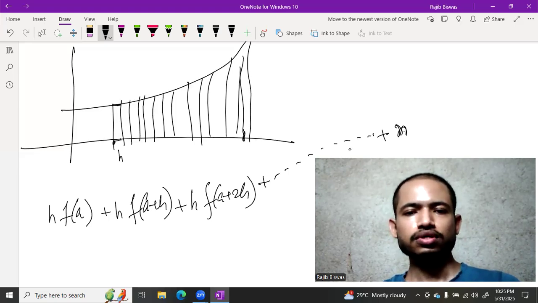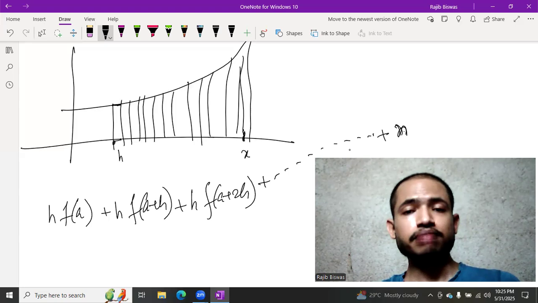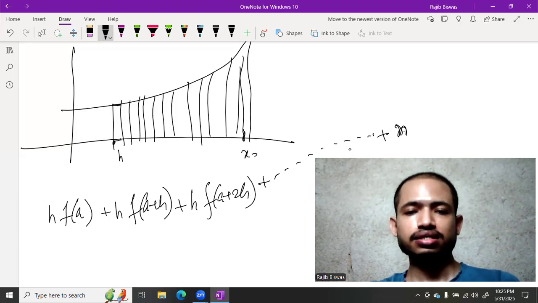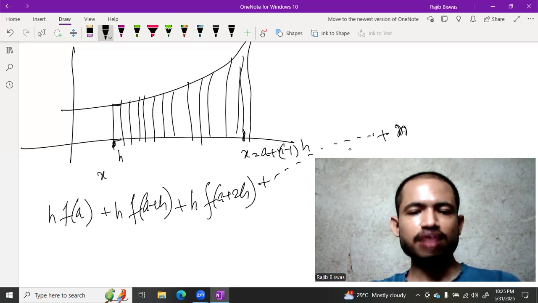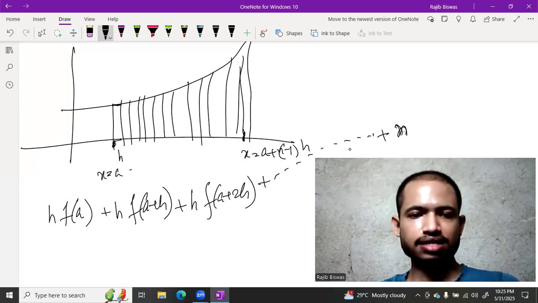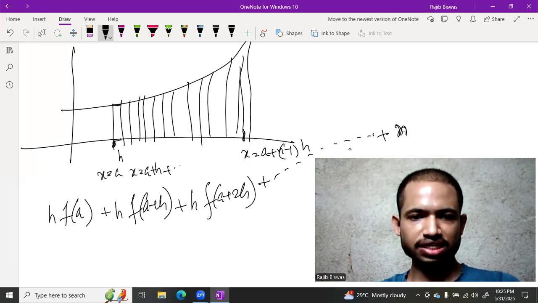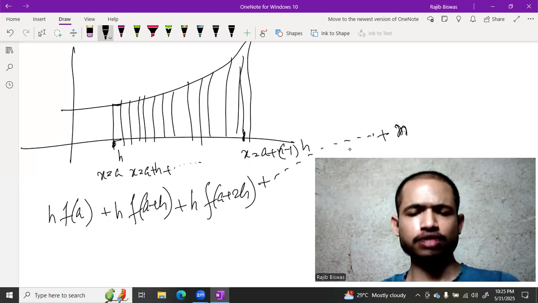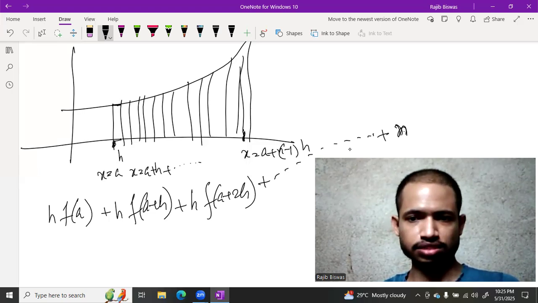So we know that the left endpoint of the last rectangle is x equals a plus (n minus 1) into h. Note that here the value of x starts from a, the next rectangle will be x equals a plus h. So in this fashion, the left endpoint of the nth rectangle will be a plus (n minus 1) into h.